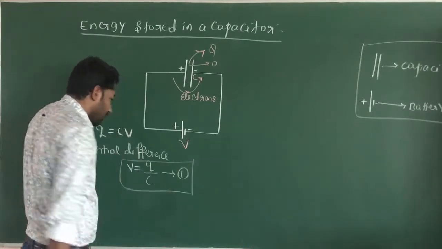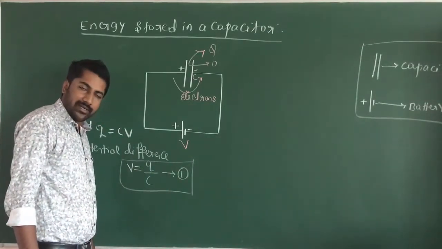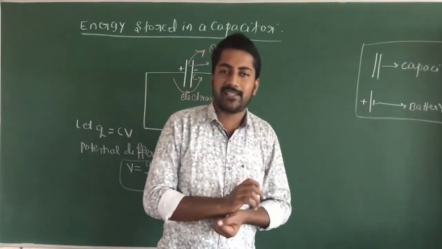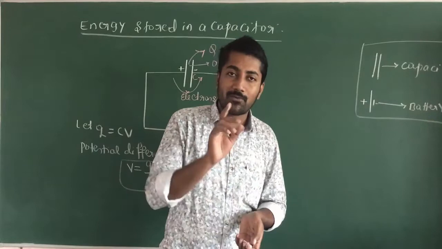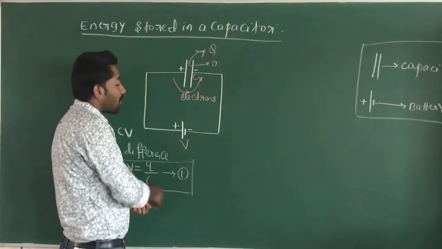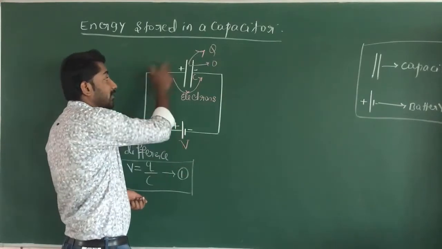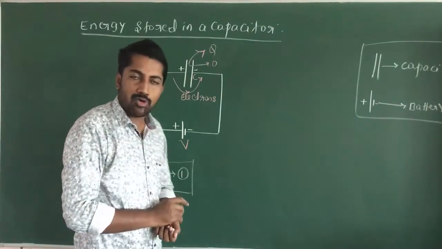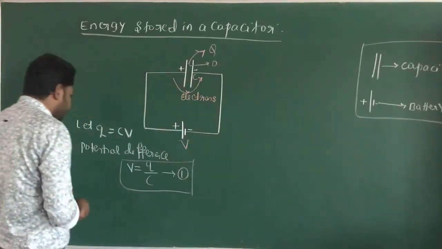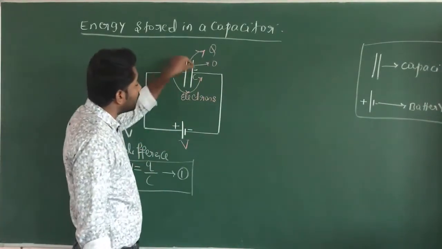Equation number 1, the potential difference. But here, when charge is transferred from the battery to the capacitor, a certain amount of work is done by the battery. Here, a dq amount of charge is transferred to this capacitor.